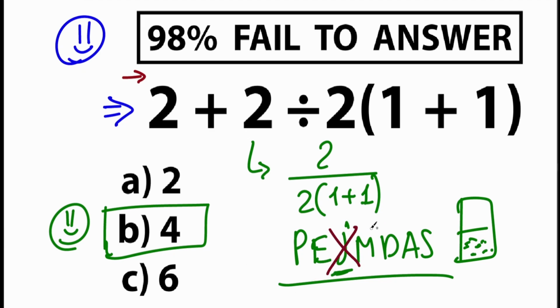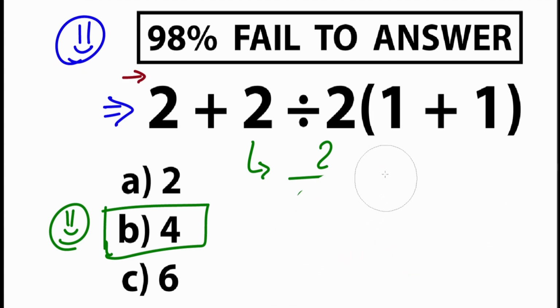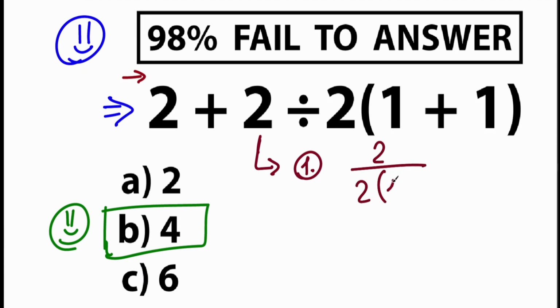But here are a few hints for you. If you want to divide these 2 by the whole product on the right side, you can use two interpretations. The first variation, you can use vertical orientation: 2 divided by 2 and in parentheses 1 plus 1. We can use this fraction bar, which is extremely important.